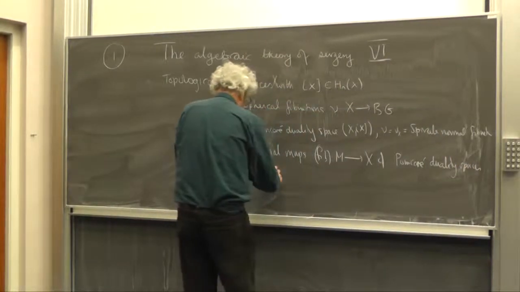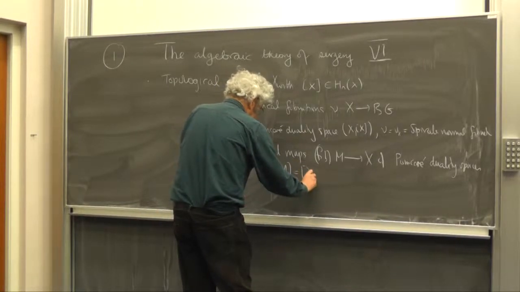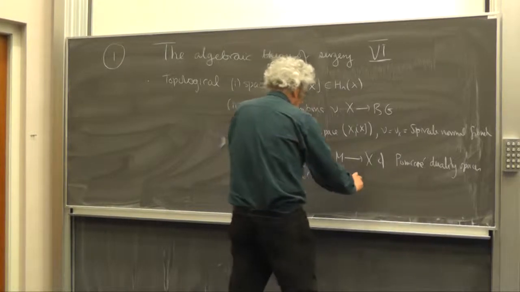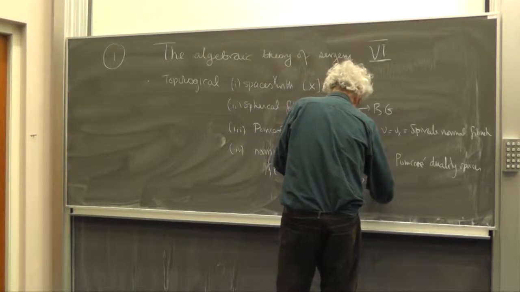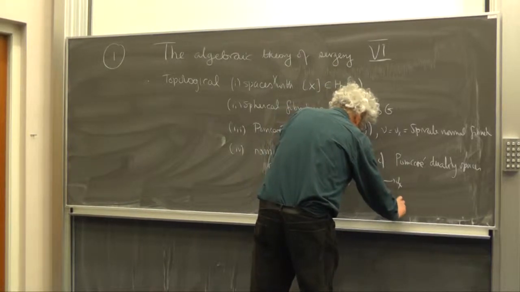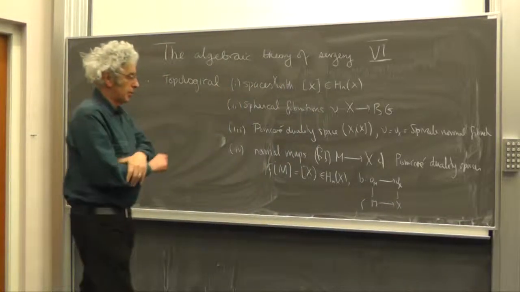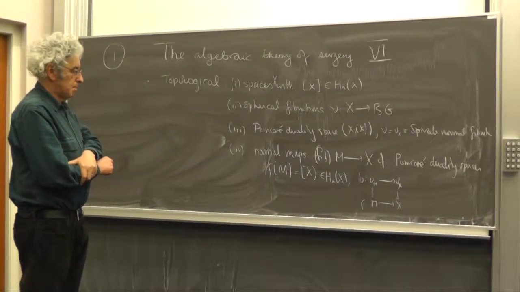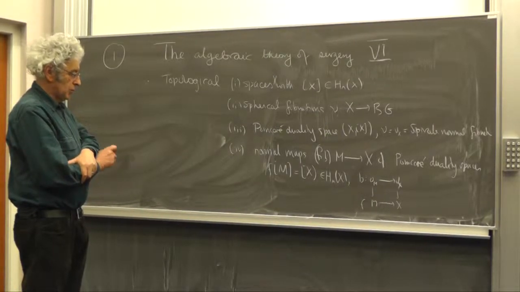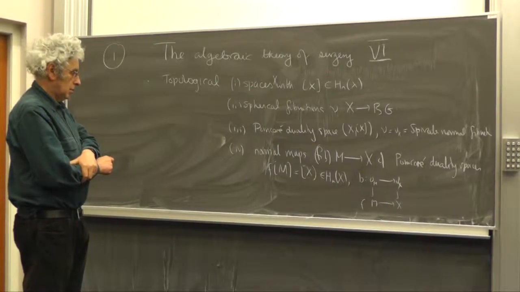So this means that F is a degree 1 map, and B, so not only do you have a map of spaces, but you also have a map of fibrations.